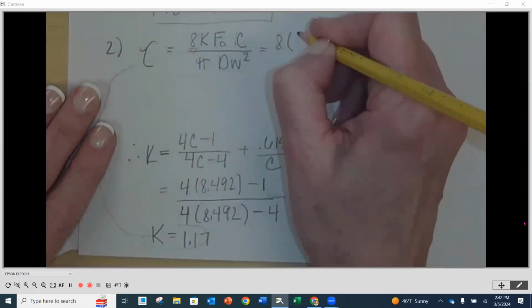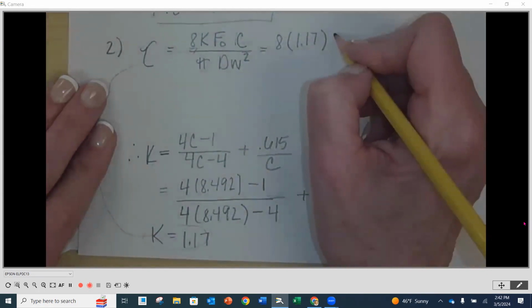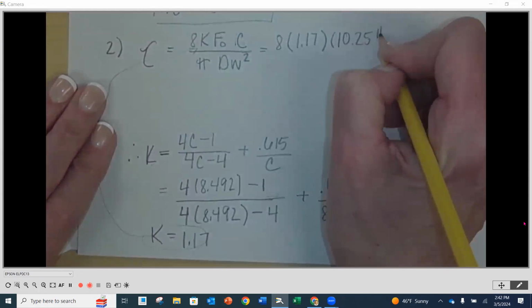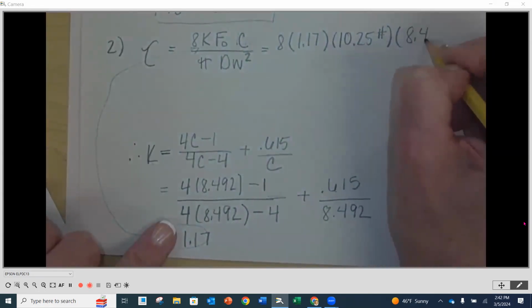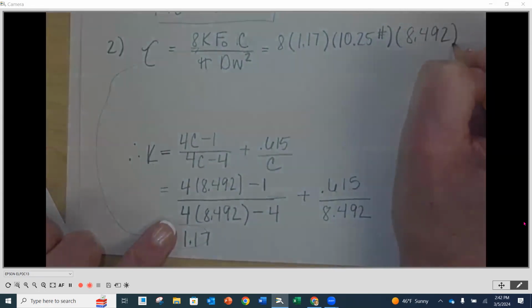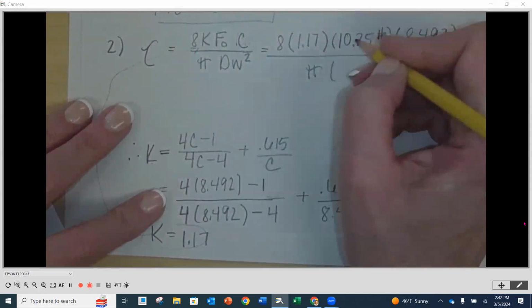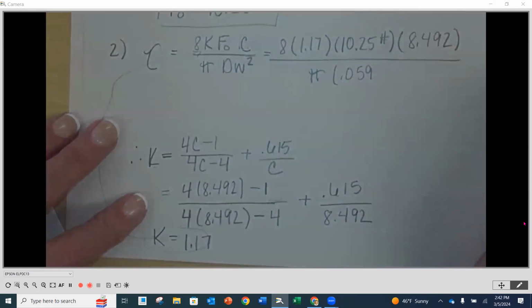So that's going to be 8 times 1.17, the K factor, there's no units, times the force that we just calculated, 10.25 pounds, times our C, 8.492, divided by pi, divided by that DW 0.059, the wire diameter, right?